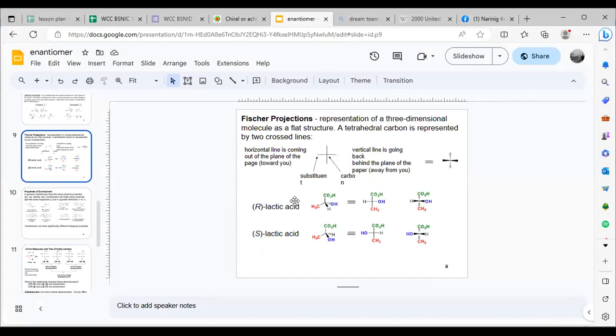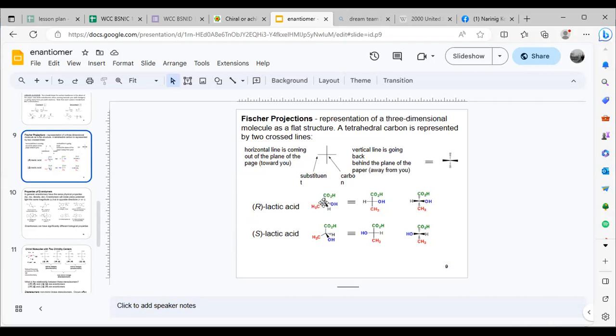So this is the representation of the 3D molecule. So the R and S, although this won't be part of any quiz. So the distinction between the two enantiomers, to distinguish the two, there's the label R and S. So it has to do with the way the atomic numbers are arranged relative to the connection to the carbon atom.